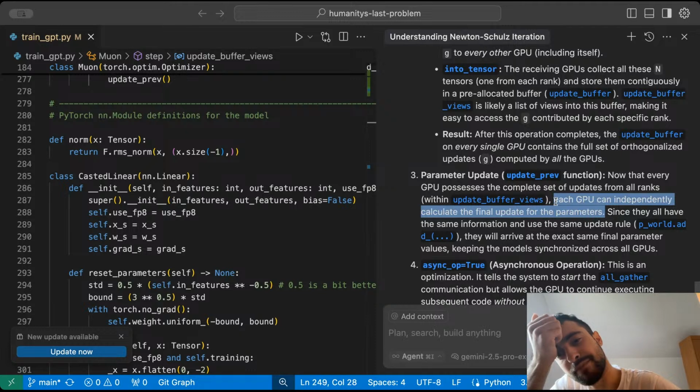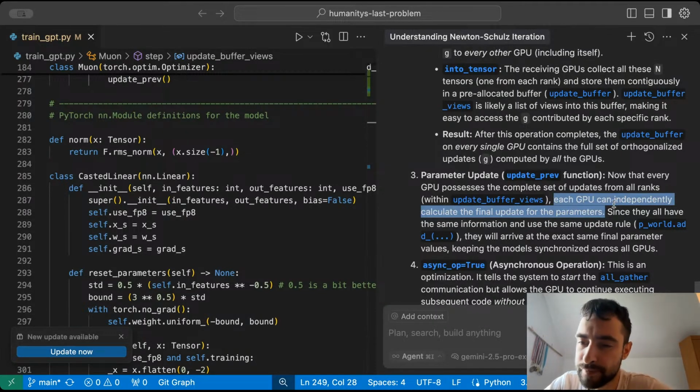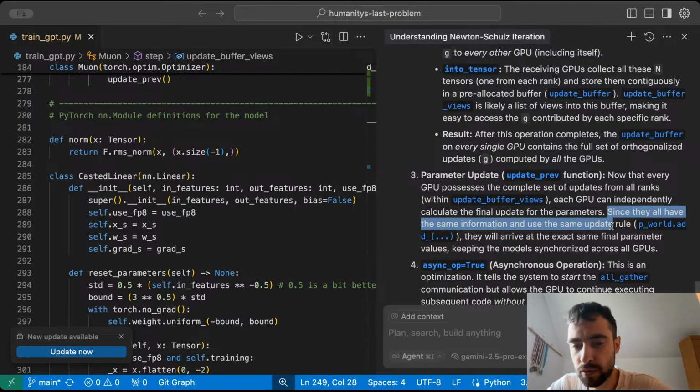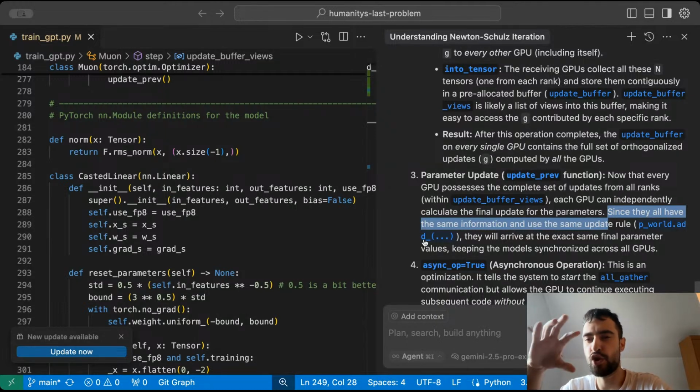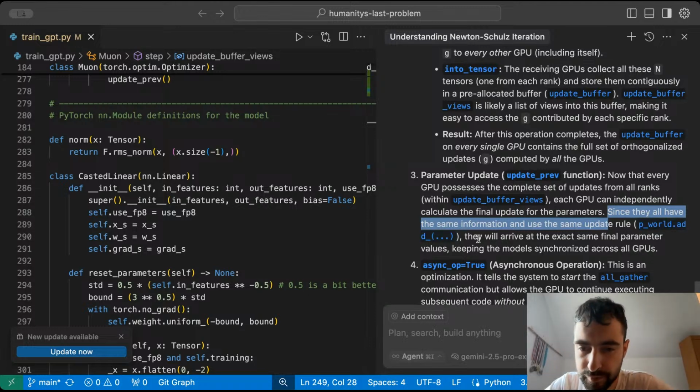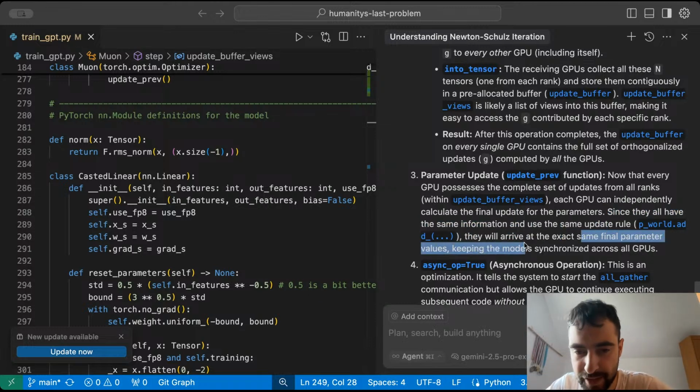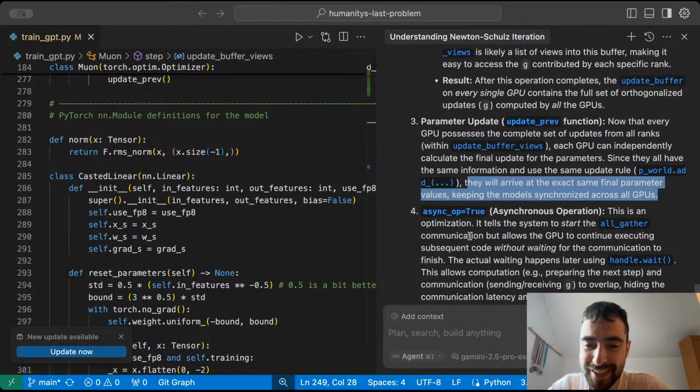Maybe it doesn't matter; maybe there is no optimization to be made here. Since they all have the same information and use the same update rule, param.add, which is just adding the gradient, transformed, orthogonalized, to the weight, they will arrive at the same exact final parameter values, keeping the model synchronized across all GPUs. Now, what if it doesn't? Anyways.